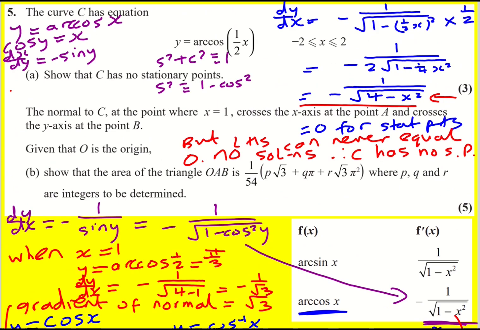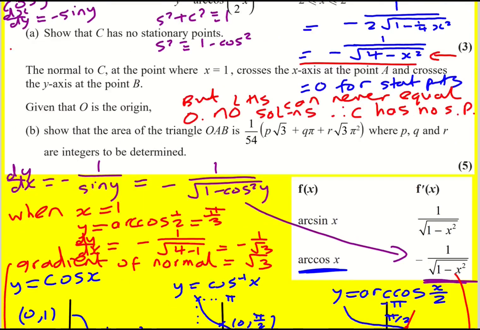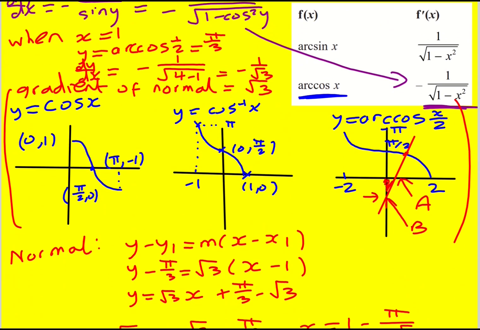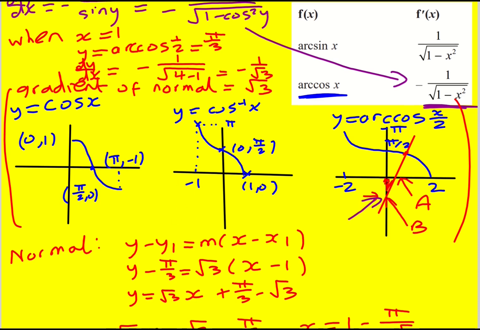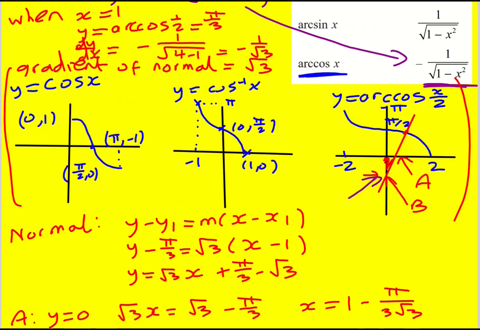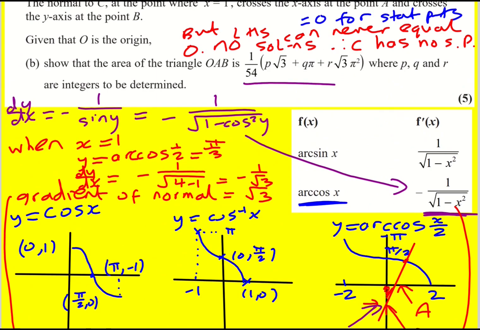So there we go. We've used the derivative that we found in the first part. I've done a little sketch, which, as you can see, wasn't essential, but it gave us a bit of understanding. The main thing is recognizing that the y value of B is going to be negative. So try and flip it around. If you miss it, you're just going to get the negative of the required answer. If P, Q, and R all end up being negative, you know something's gone wrong with the area.